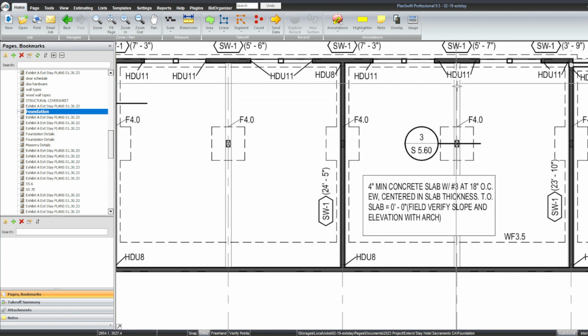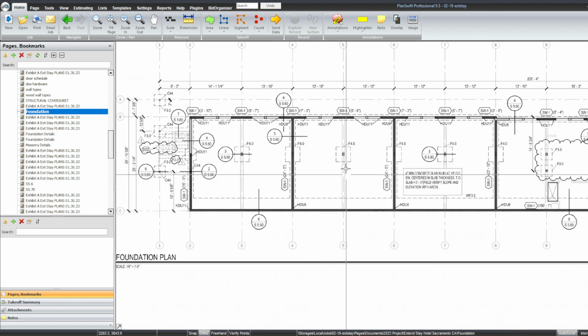So that tells me, and we do assume, that there is no continuous footer, just a column pad and a column. There doesn't always have to be a continuous footer. It all depends on what the structural engineer decides as far as the load of the roof, right, and all of that. It's a hotel, so it's going to have a few floors. This too, there's no continuous footer, just a column pad and a column.